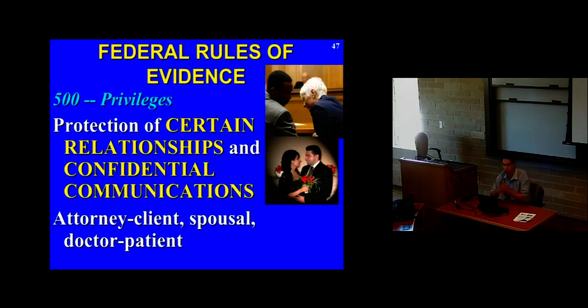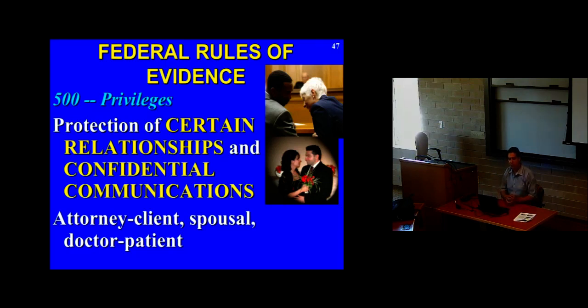That's the spousal relationship. The confidential marital communication privilege is much more like the attorney-client privilege. It's much more like it in this sense. What we're trying to do is protect confidential communications.